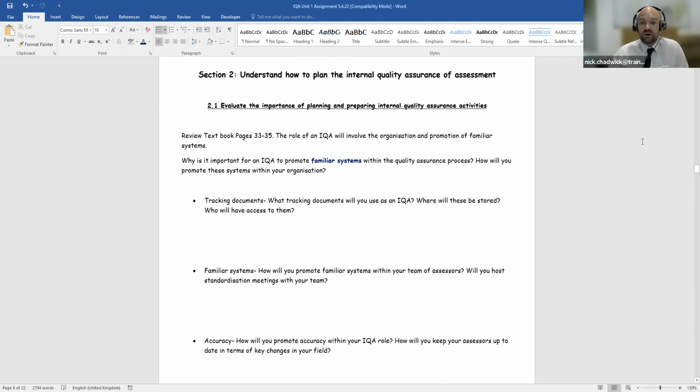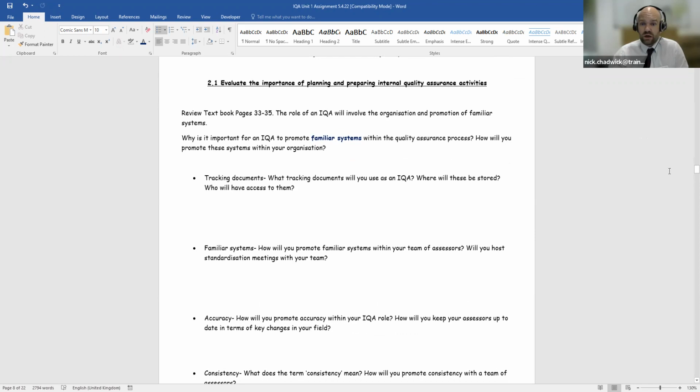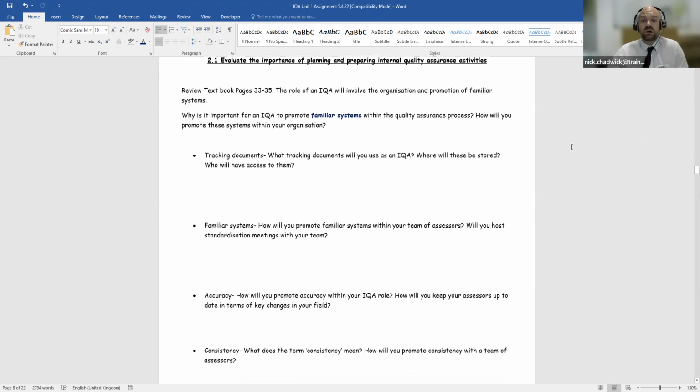Evaluate the importance of planning and preparing internal quality assurance activities. Now have a read of textbook pages 33 to 34 for this criteria.